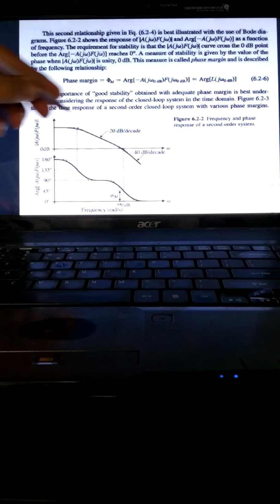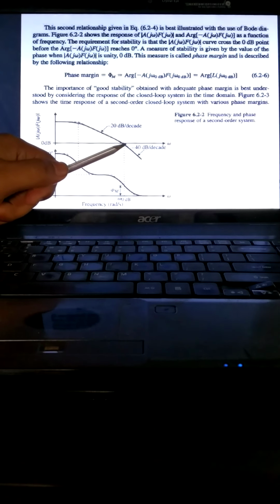If we use the equation in the Bode diagrams, this is the Bode diagram. The first one is the amplitude diagram, and the second one is the phase diagram, or angular diagram. Here you see there are two poles, because whenever we design a two-stage op-amp, obviously there will be two poles.